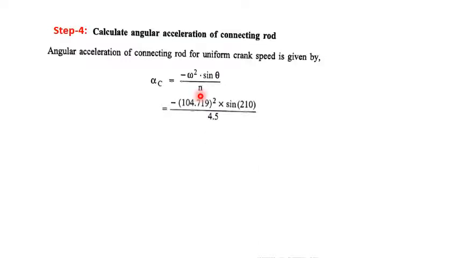Substitute the value of omega: omega is 104.719, theta is 210 degrees and n value is 4.5. Now simplify this. So we got alpha c value 1218.42452 radians per second square. This one is a positive value, so it indicates the direction.